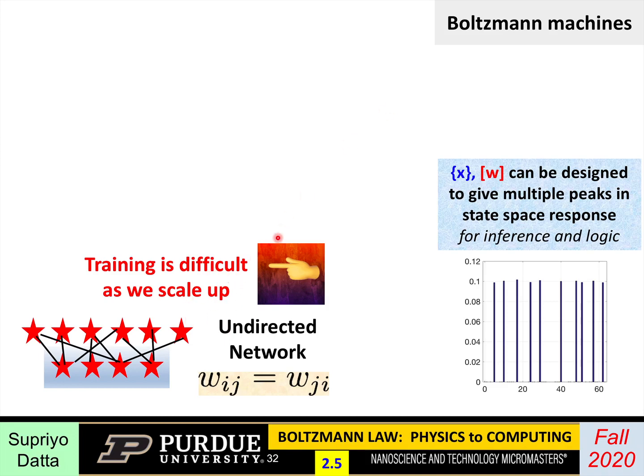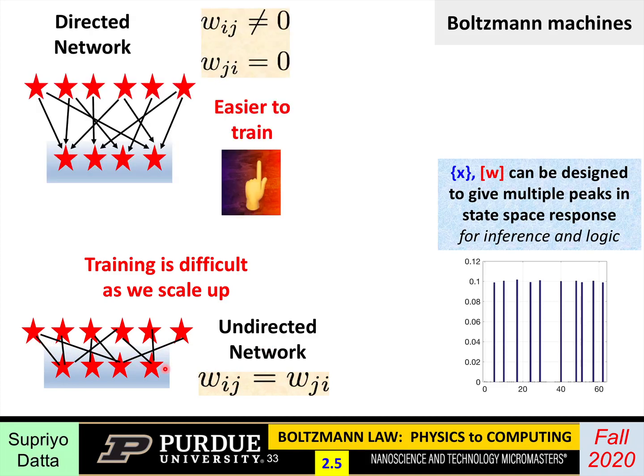Note that in these Boltzmann machines, the connections are always undirected. That is, Wij is equal to Wji, which is why, if you wanted to show the connections, these would just be lines with no arrows. It goes equally both ways. Whereas the training process is actually easier if you have directed connections.